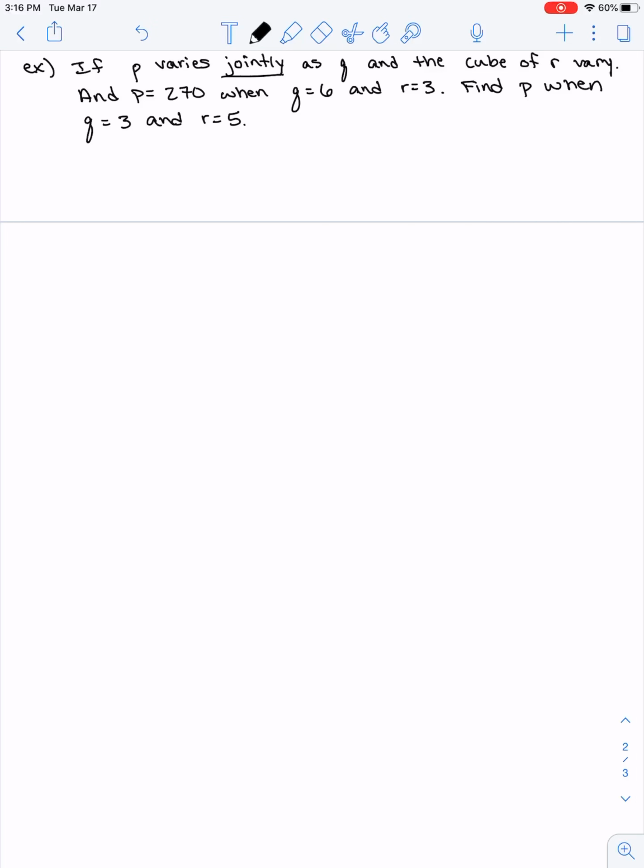Okay, well, we're going to do our joint variation model again. So we get y is equal to k x z, which in this case is actually P is equal to k and then Q and R. That's our basic one. According to this problem, P will vary jointly as Q and then the cube of R. So now, using this one, plug in the numbers we know.